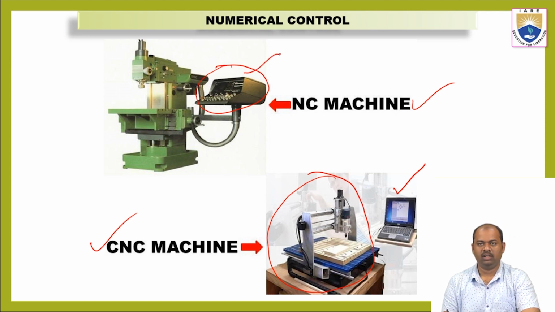But in computer numerical control machines, whatever code is there can be changed or modified dynamically. When the system is working, dynamically we can change the codes here itself in the computer. No need to go anywhere. So that is why the CNC machines are faster and more accurate than NC machines. Both are the same, but accuracy and speed are more.